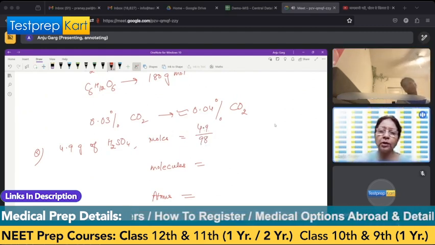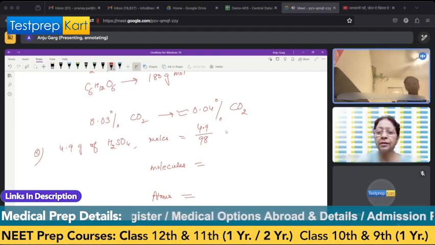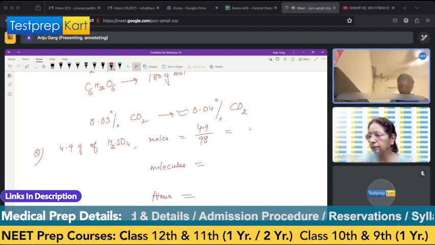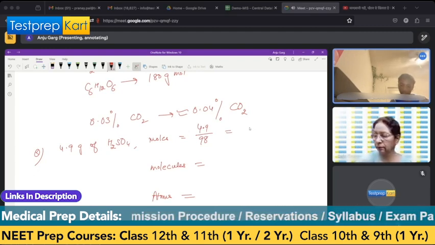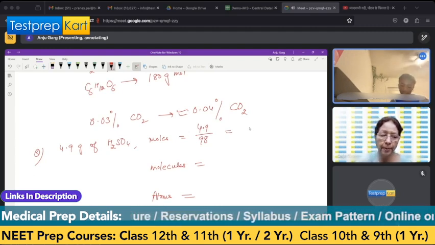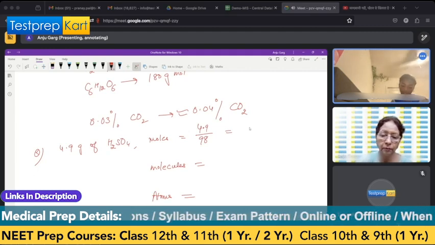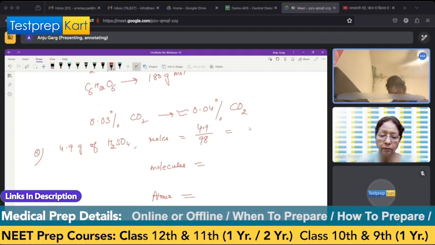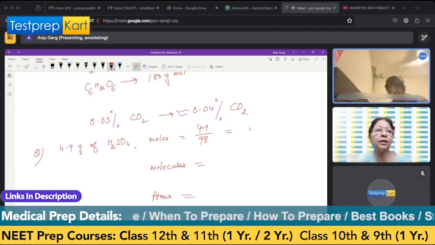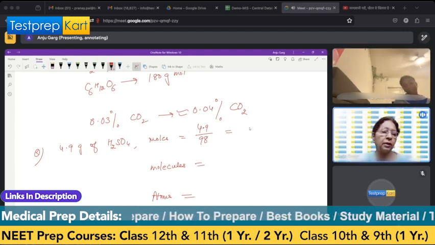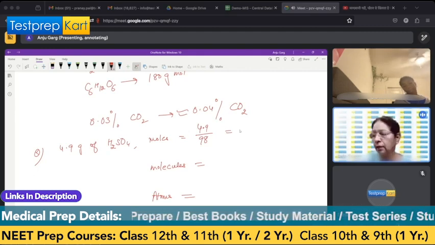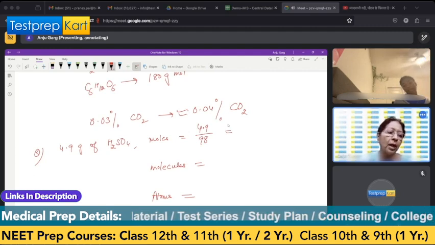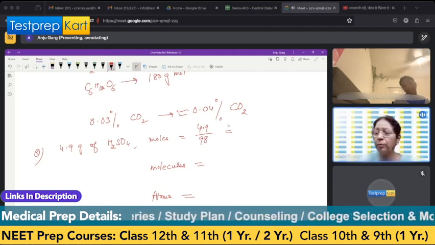Yeah, it has to be less than. So what is the answer? Mostly you will get such values that it will be a complete factor. If you see, 98 is a complete factor of 490. So calculations will not be that difficult if it becomes a complete factor.